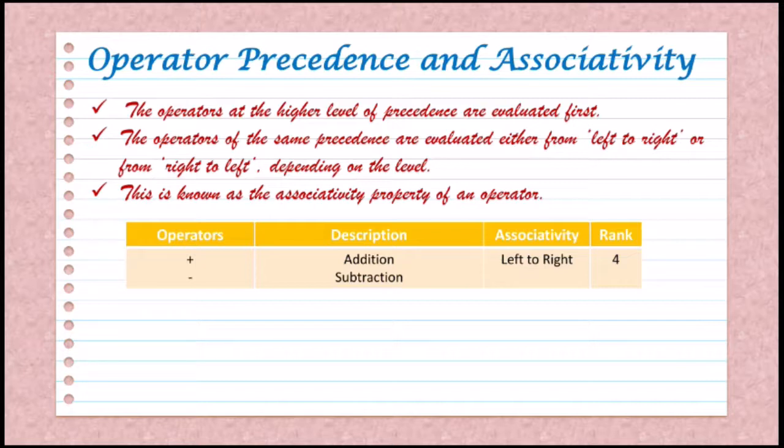After multiplication, division and modulo, the next priority will be given to addition and subtraction, and they also work from left to right, meaning they execute from left to right side, and it has fourth rank in the given list.